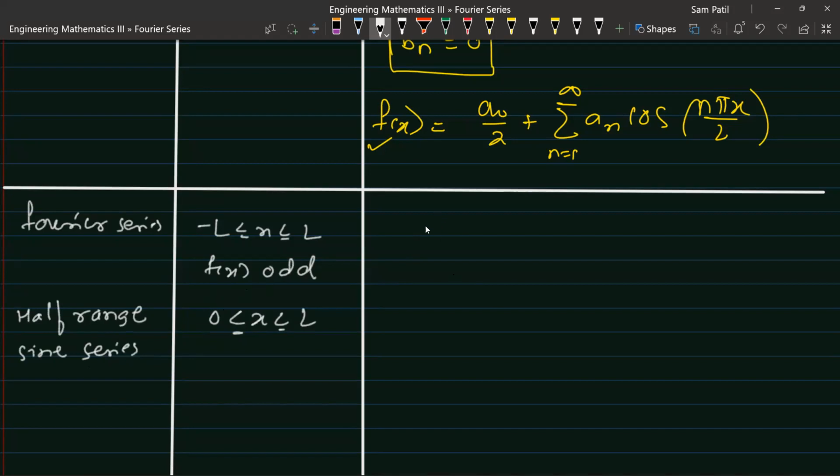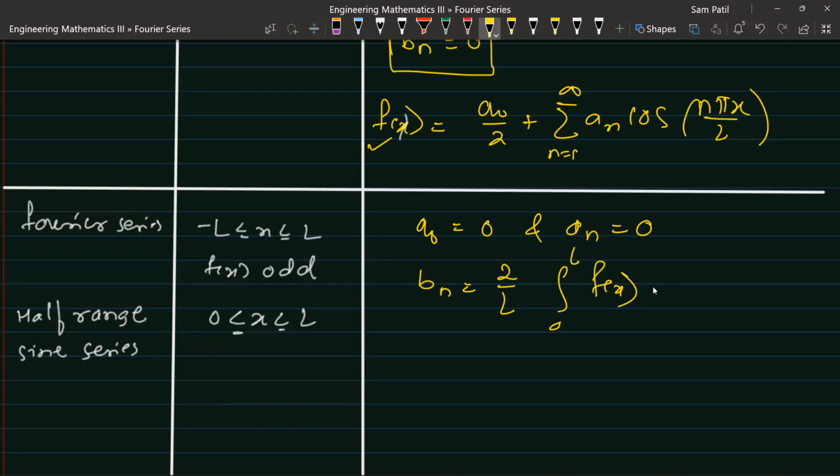In this case, see, this is very important: a naught is 0 and an is also 0. There is no need to find a naught and an. And what is bn? Bn is 2 upon L integration 0 to L f(x) sin(n pi x upon L) dx.